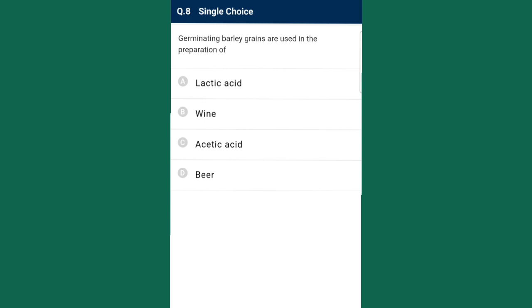Cider, it is also known as apple wine, and it is produced through the fermentation of apple juice. Wine, it is produced from the fermentation of grapes. Spirit, a distilled beverage. Spirit or liquor is an alcoholic beverage containing distilling, that means concentrated by distillation. So the answer for this question is option D, beer.